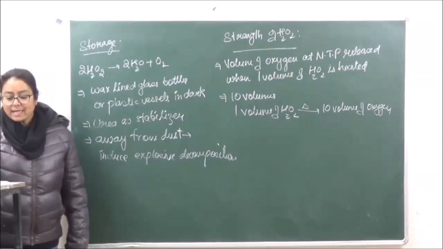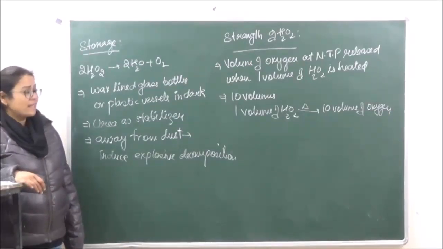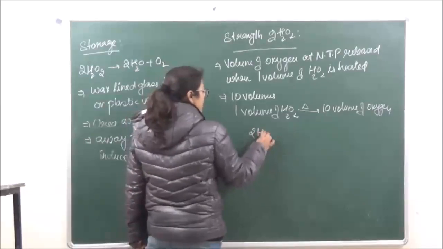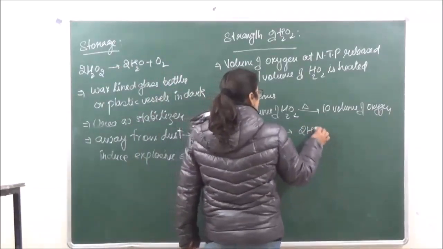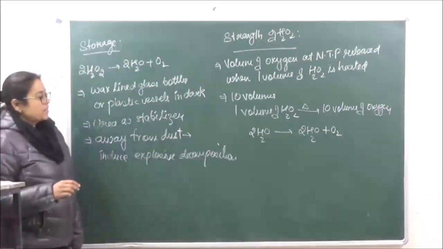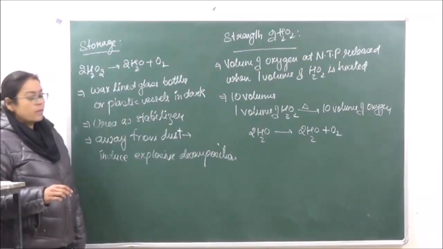Okay, let's illustrate this with the help of an example. How are we going to do the calculations in this section? Now, if we have 2H2O2, this is going to decompose as 2H2O plus O2. Is it clear? So this is how it is going to decompose over here.